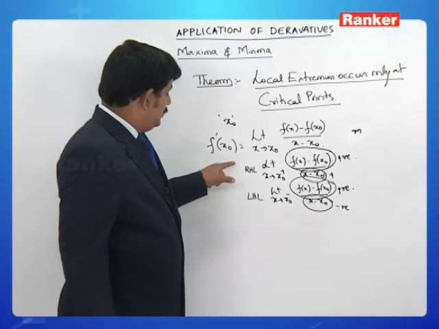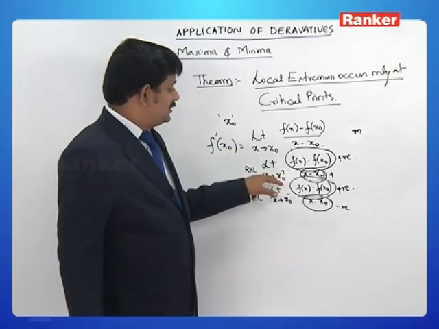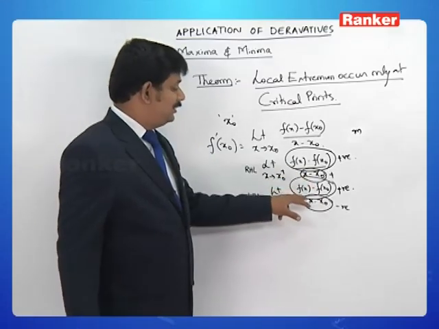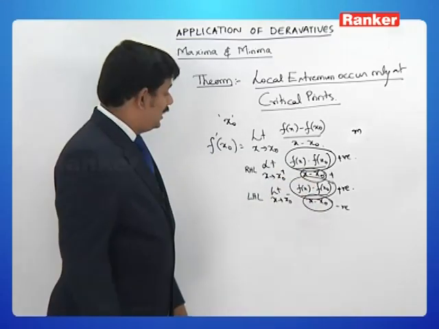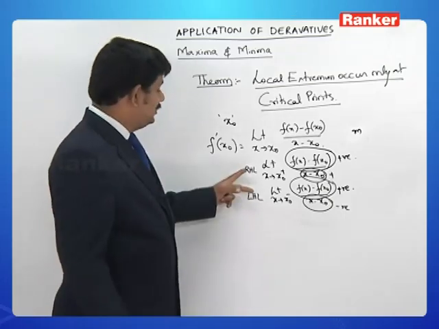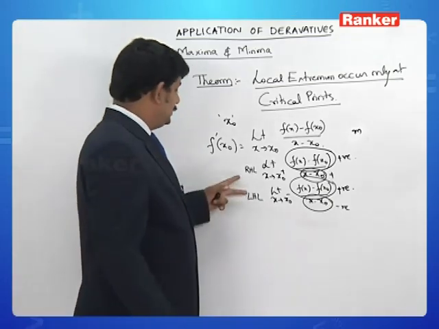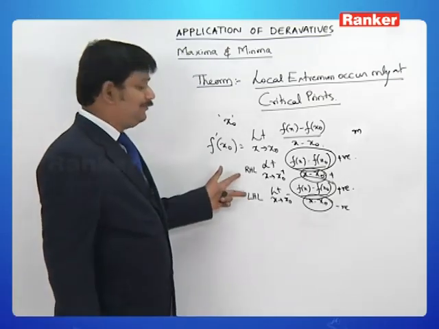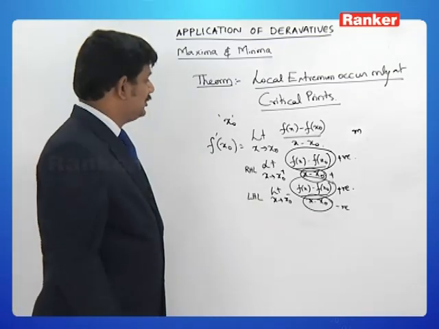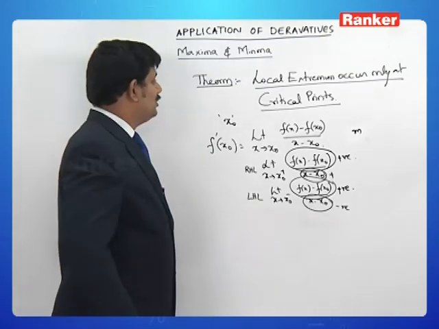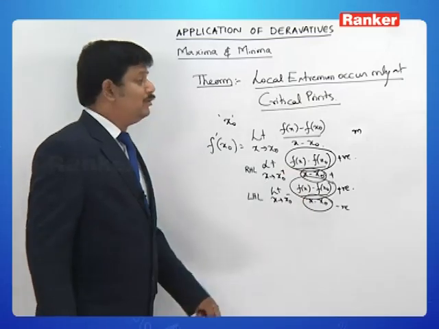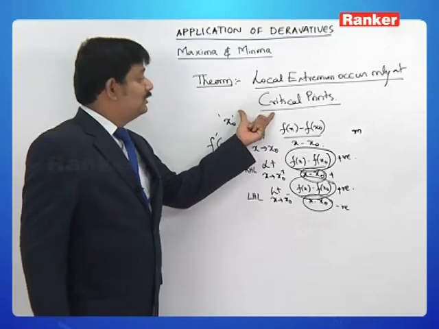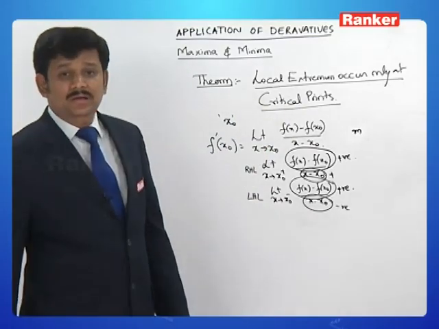So the right hand derivative is the limit of a positive function and the left hand derivative is the limit of a negative function, and for both of them to be equal, they can be equal only for 0, that is when the derivative is 0, or they will be unequal. So either the function should not be differentiable or the derivative should be 0 for us to have a minima. So for us to have a local extrema, be it local minima or local maxima, it is necessary but not sufficient that the point should be a critical point.